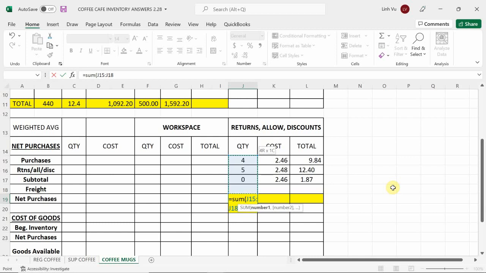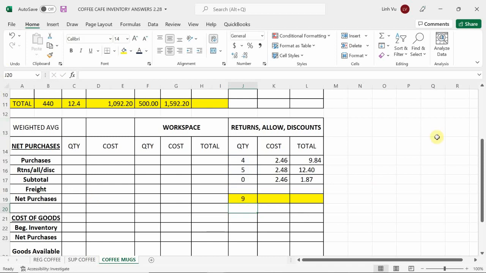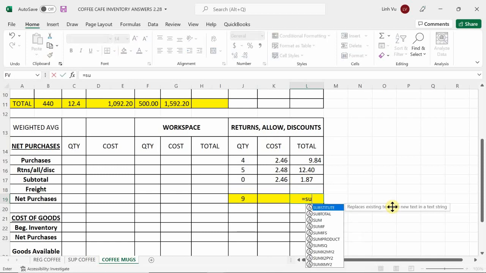That means out of the 440 items that we purchased, we had to return a few cups along the way. We returned a total of 9, but we also received a discount of $1.87. That's going to be included in our total purchase returns, allowances, and discounts.